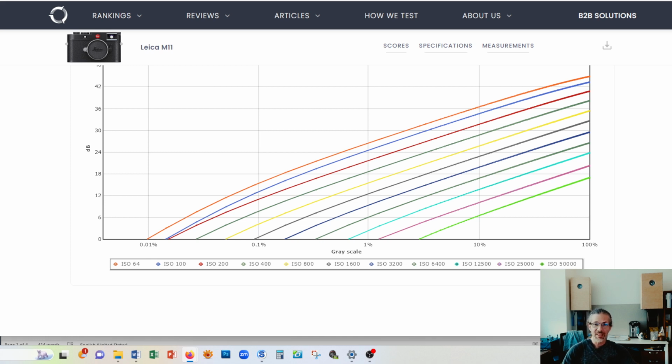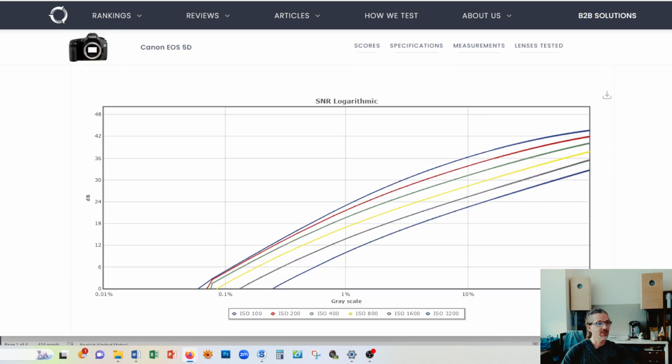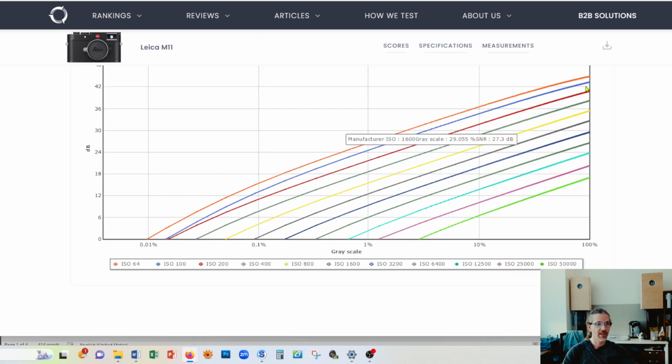And in addition, why do we have this extra line on the Leica, why is it going higher than what the Canon is doing? It's because the Canon 5D Classic only has 100 ISO max setting, and it doesn't have any lower ISOs. If we look at the Leica, the blue, that's the 100 ISO, but it also has a 64 ISO setting.